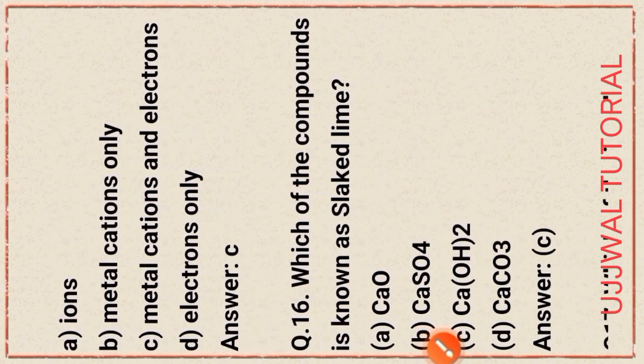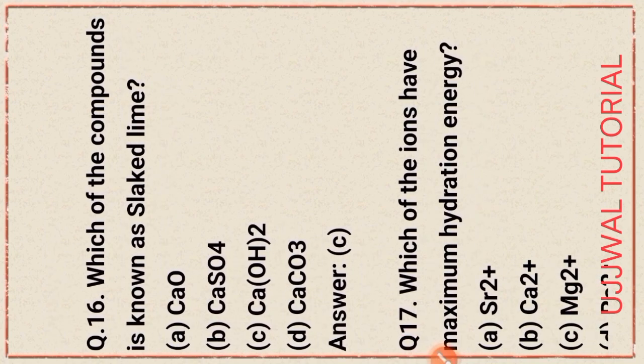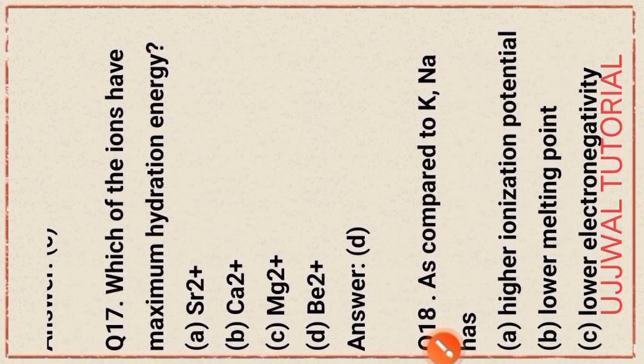Next question: which of the compounds is known as slaked lime? That is calcium hydroxide, Ca(OH)2. Option C is the right answer. Next question: which of the ions has maximum hydration energy?